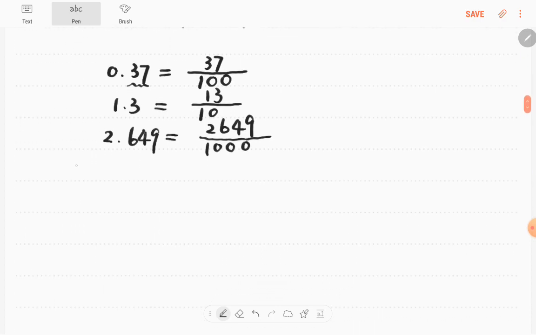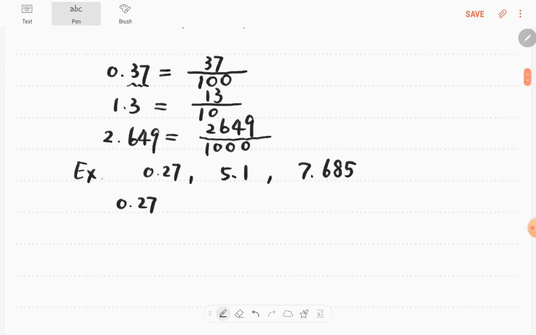For example, we give another example. So if we have 0.27, 5.1, and we want to write the decimal as a fraction, what should we do?